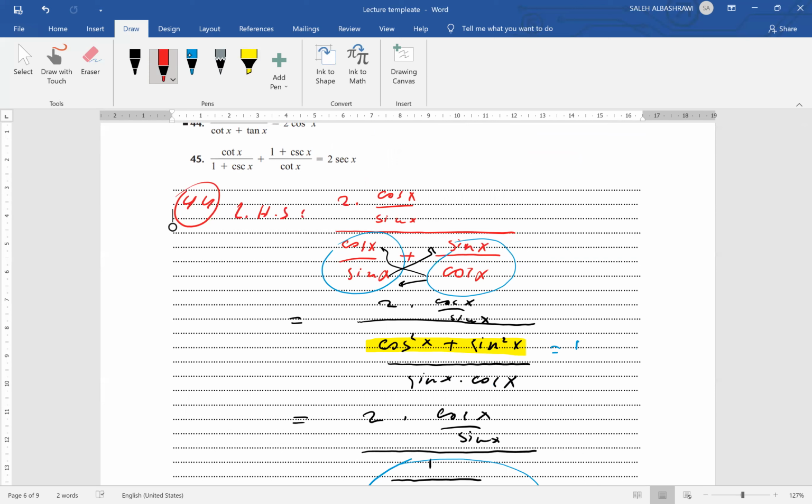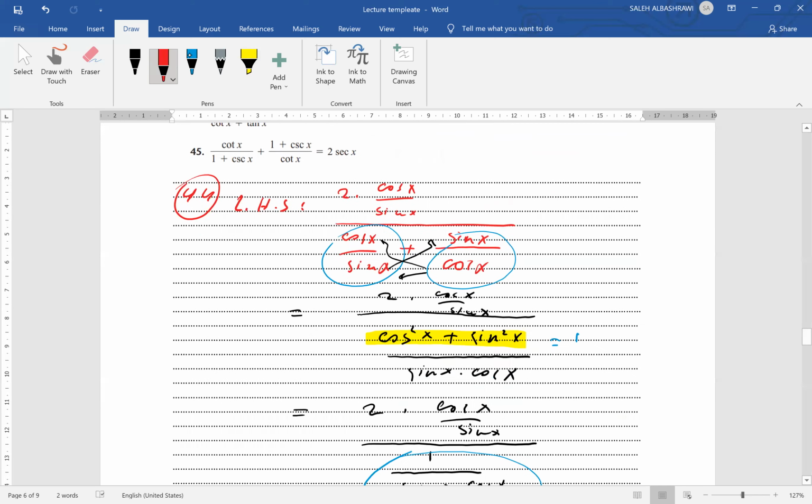Number 45. We have cotangent of x divided by 1 plus cosecant of x, plus 1 plus cosecant of x divided by cotangent of x, equal to 2 secant of x.